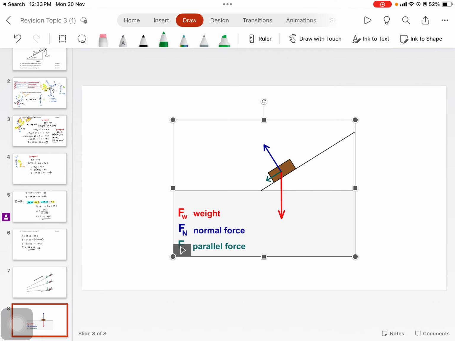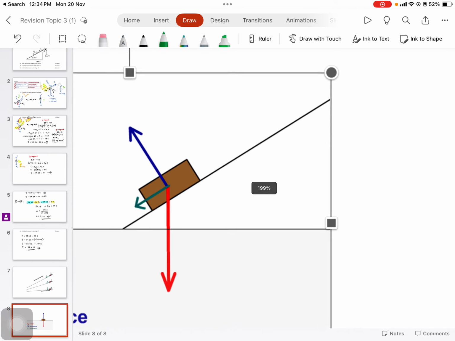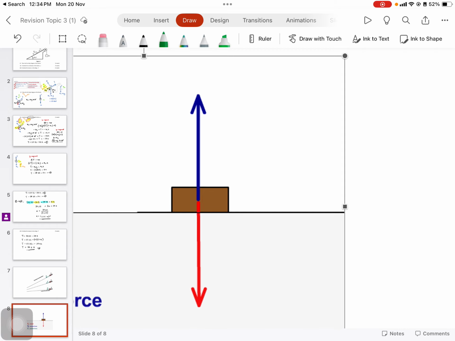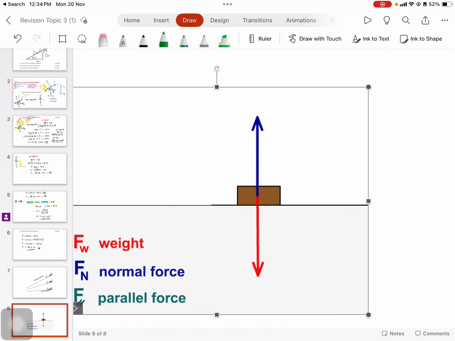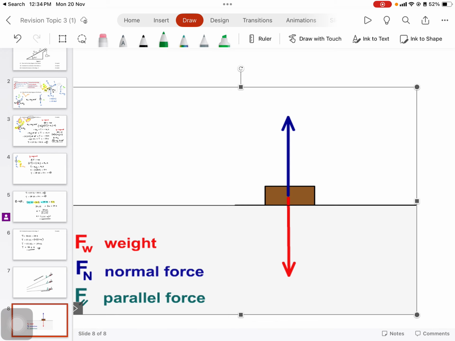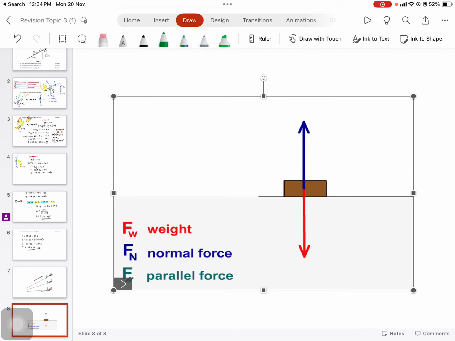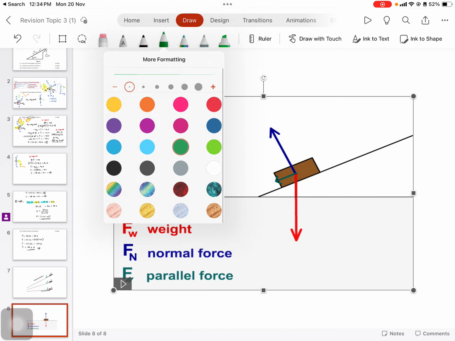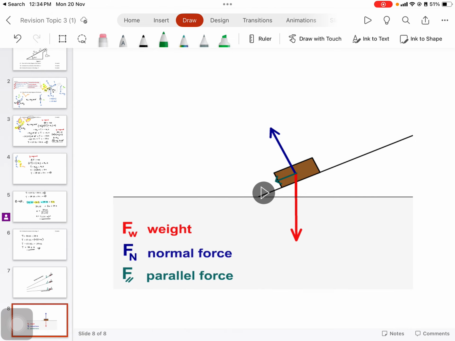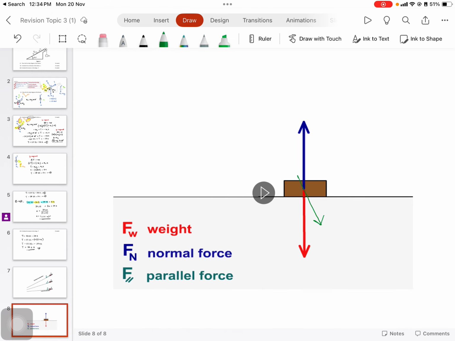This is when there is no incline. So when there is no incline, we only have weight and the normal force. However, if we start to have the incline here, we're going to have two components of the weight, which is Wx, and another one here, Wy. So that is the idea.